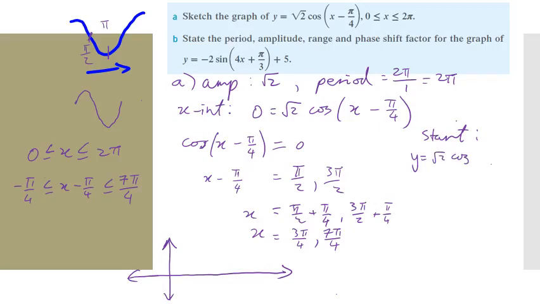Alright, what's cos of negative pi over 4? Which is the same as cos of pi over 4, if you remember what I showed you last time. 1 over root 2, so then root 2 times 1 over root 2 gives you 1.